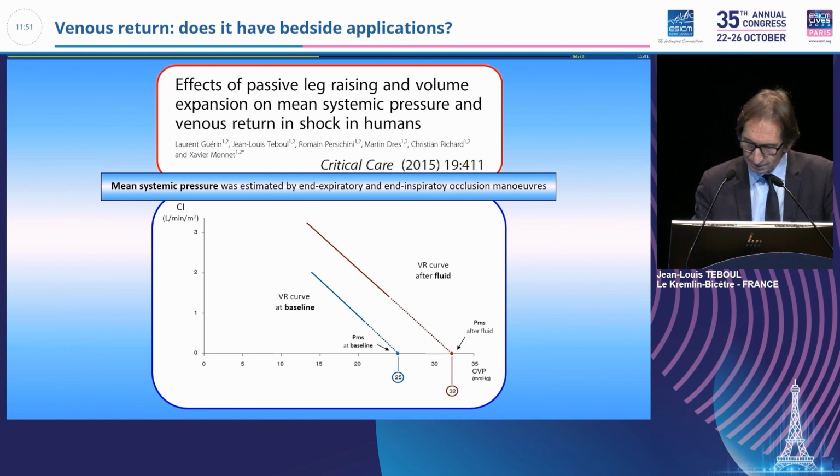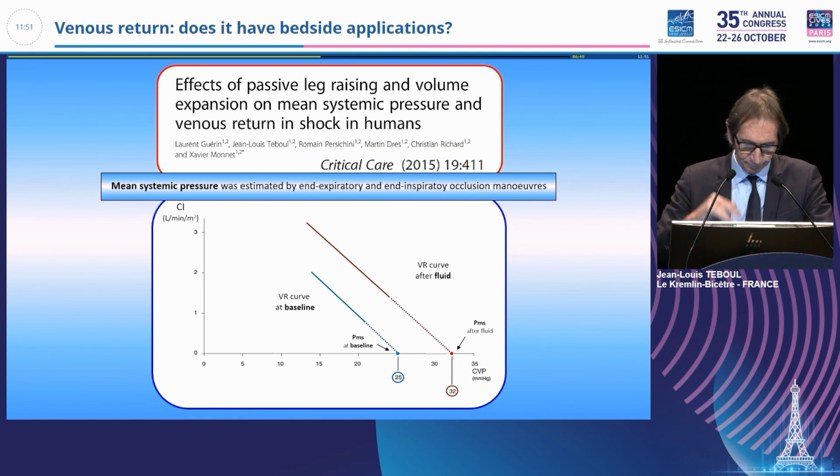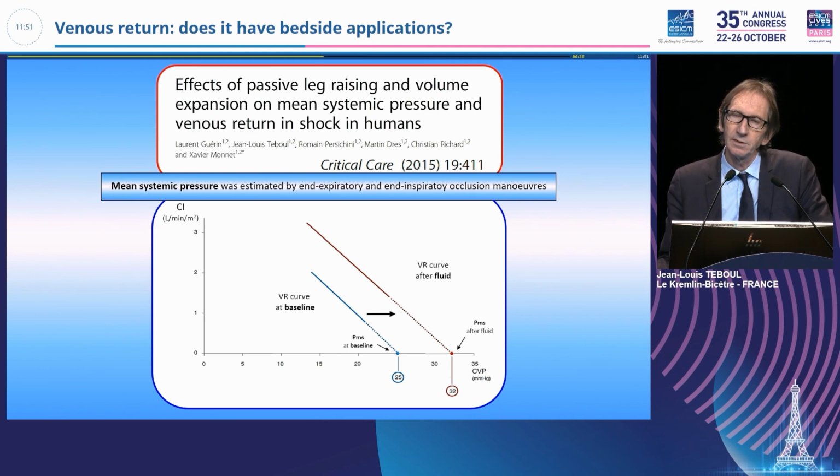This is what we did here, before and after, and we found that in every patient, there was a shift of the venous return curve to the right, which is consistent with physiology, of course, and an increase in the mean systemic pressure.